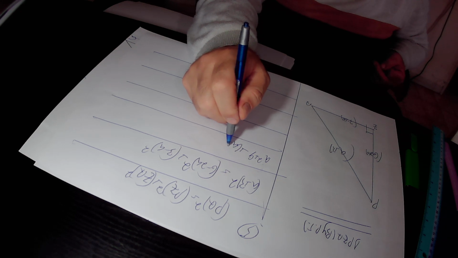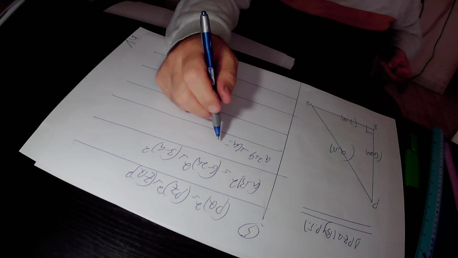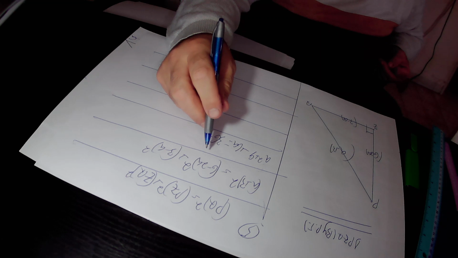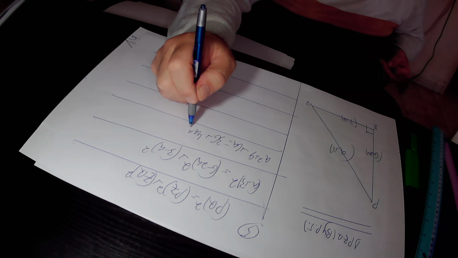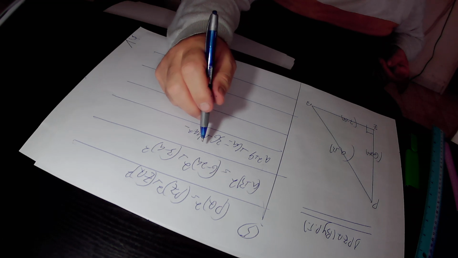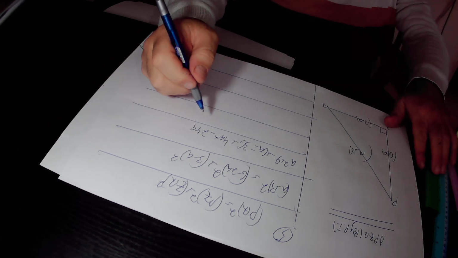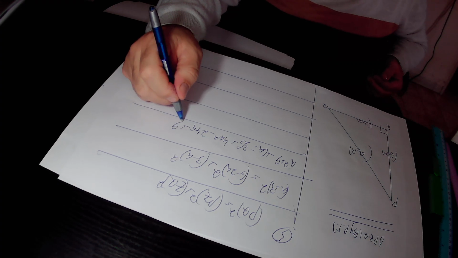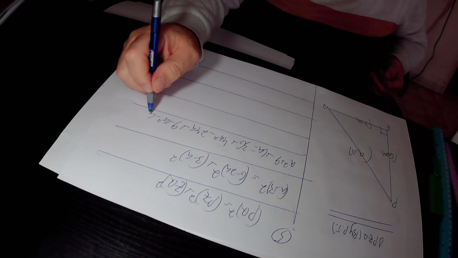On the other side of the equation, we have (6 minus 2A) square, which is 6 square, that is 36, plus (2A) square, that is 4A square, minus 2 times 6 times 2A, that is minus 24A, plus (3 minus A) square. (3 minus A) square equals 3 square, that is 9, plus A square, minus 2 times 3 times A, that is minus 6A.